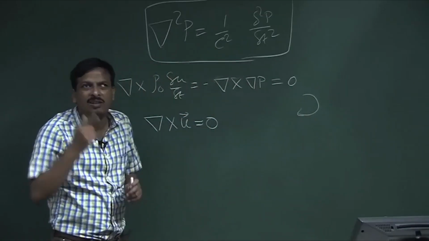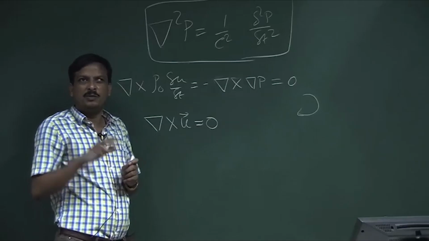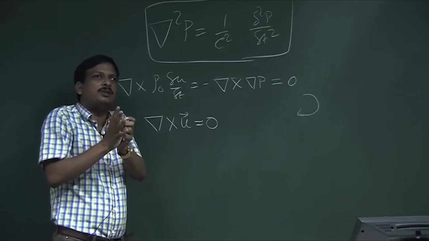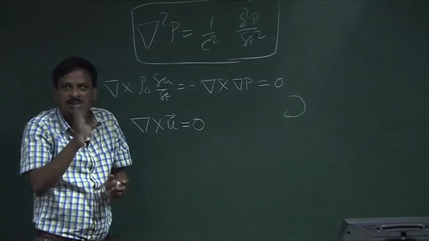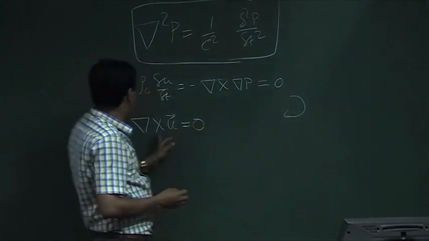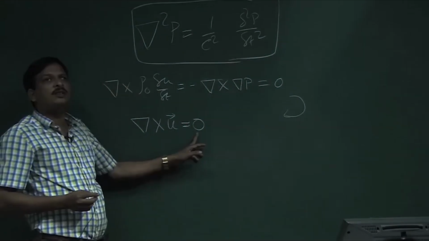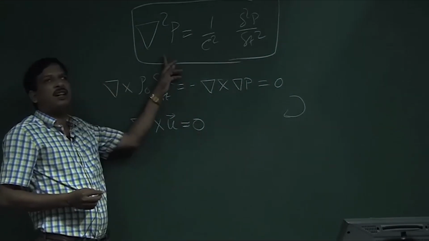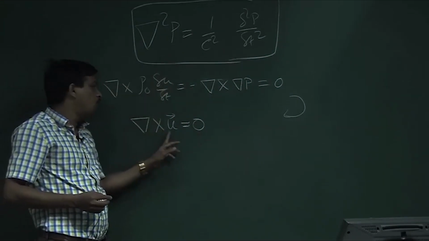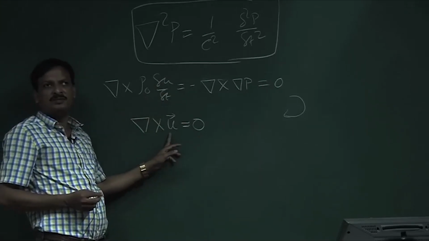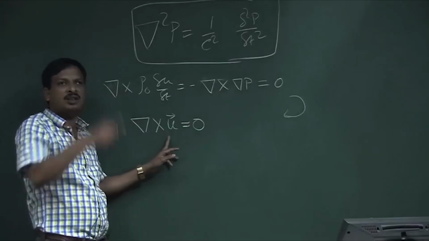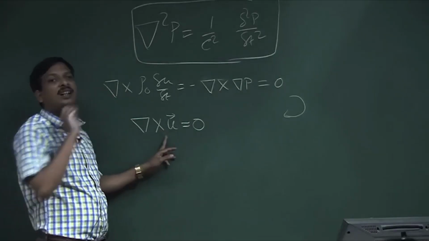What is the divergence? Divergence means how it is diverted. What is the curl? Curl is the rotational thing. So, curl of u is equal to 0. That means in the linear wave equation, there is no angular velocity in the particle velocity; only linear velocity exists.